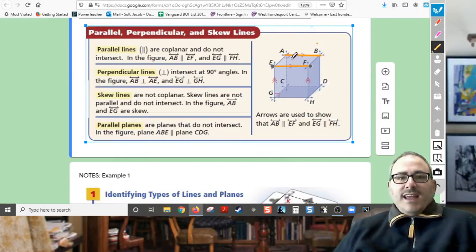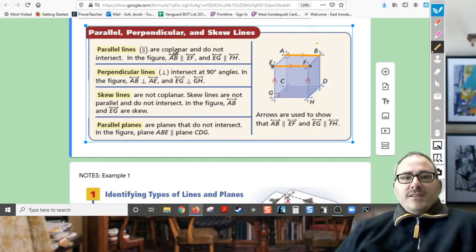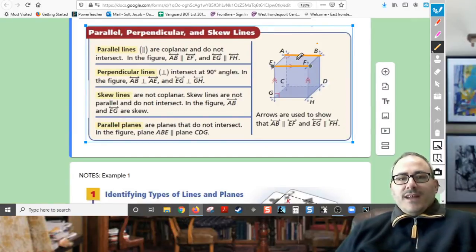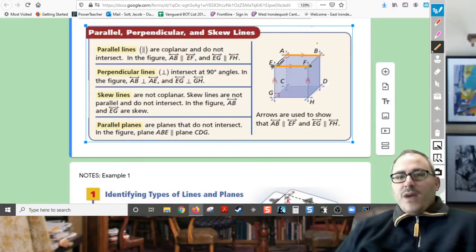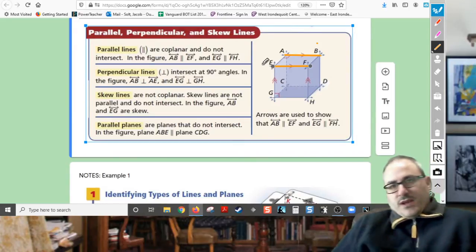So they're saying that line AB is parallel to line EF. These two are parallel, and you see how they're on the same plane. Like if this little piece was a playing card, if it was a sheet of paper, then AB and EF would lie on the same sheet of paper. And why that's important is because there's going to be something called skew lines, which are not coplanar.